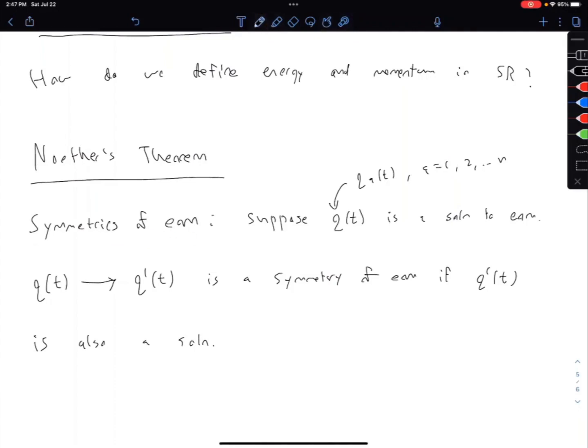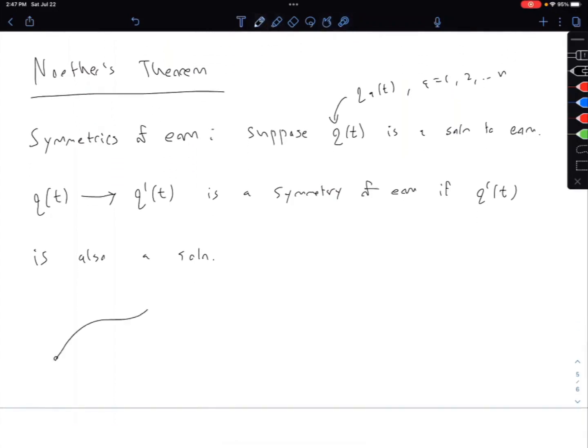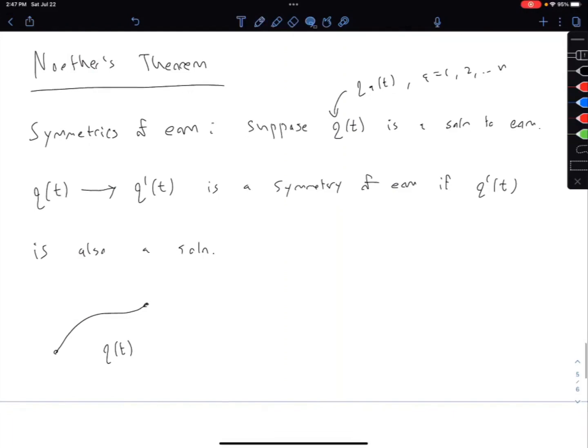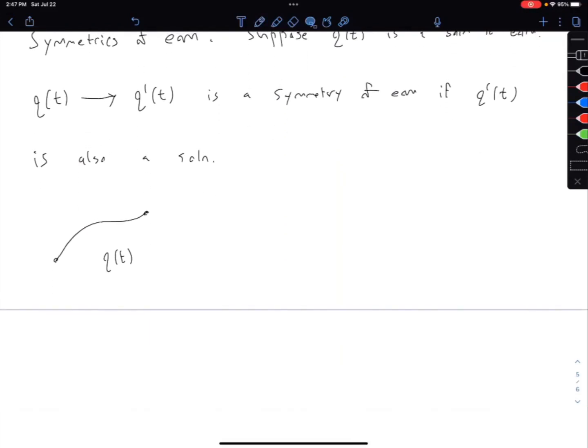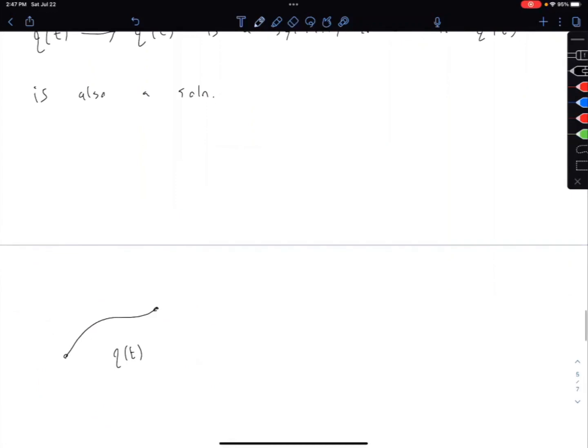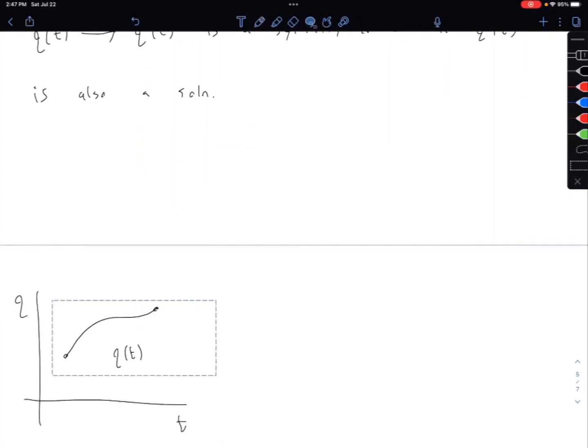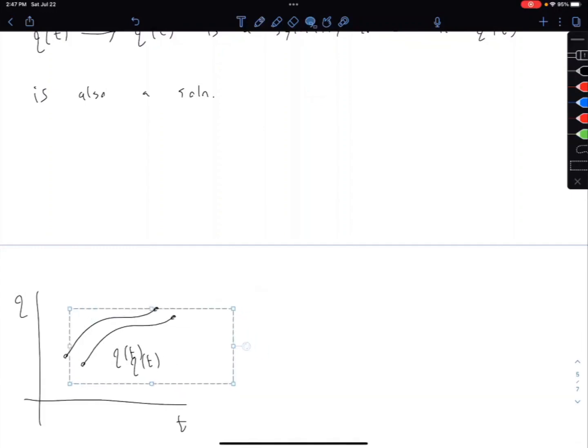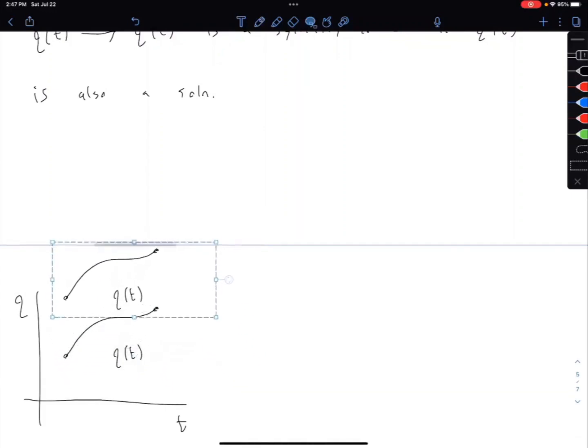It's just that you take some trajectory, which I could write as, here's a picture of a trajectory, and then suppose I just translate it, right? If I were to plot this in the standard way that you see it in textbooks, where here's t, here's q, then suppose I just translate it, so I just make q bigger, and this will be my q prime of t.